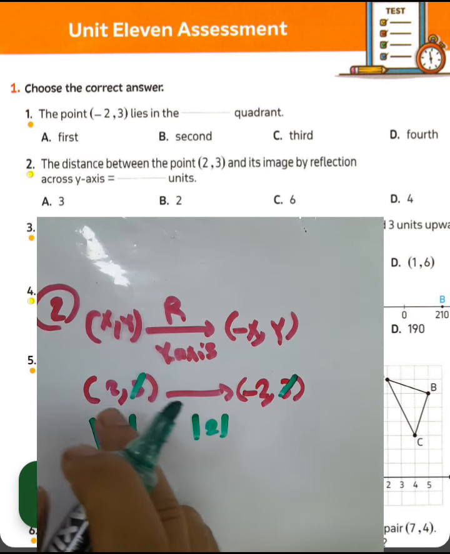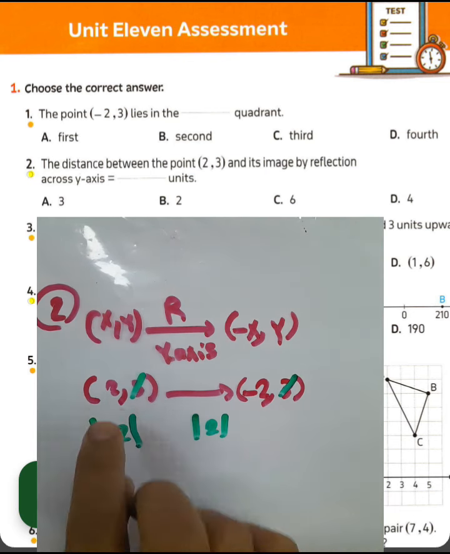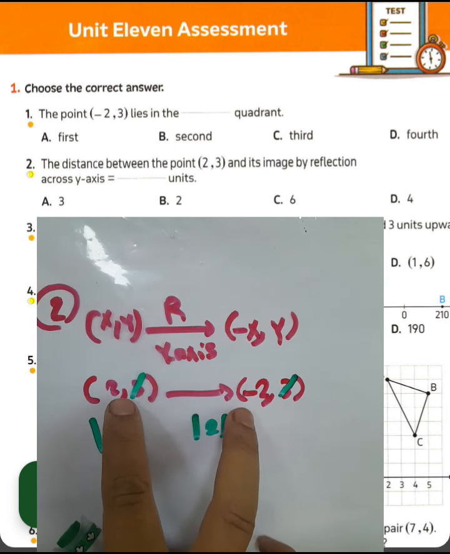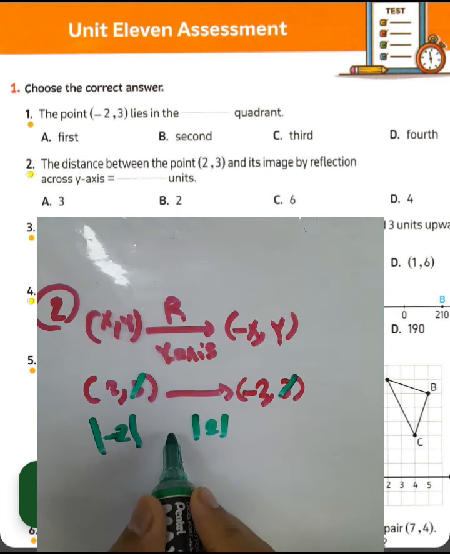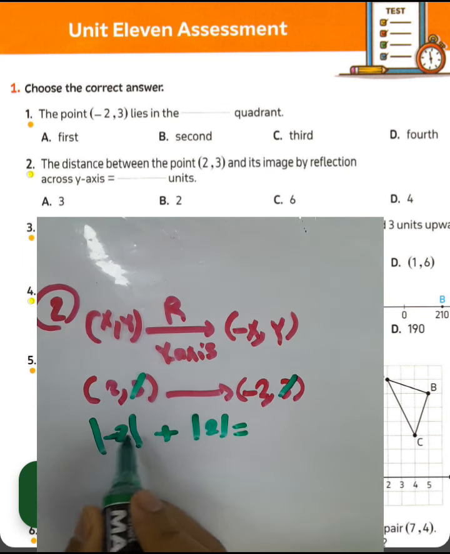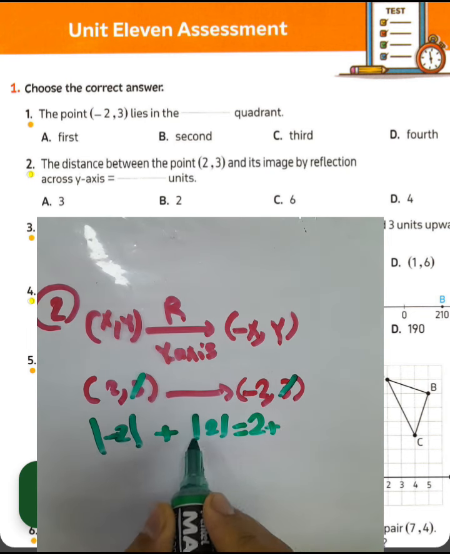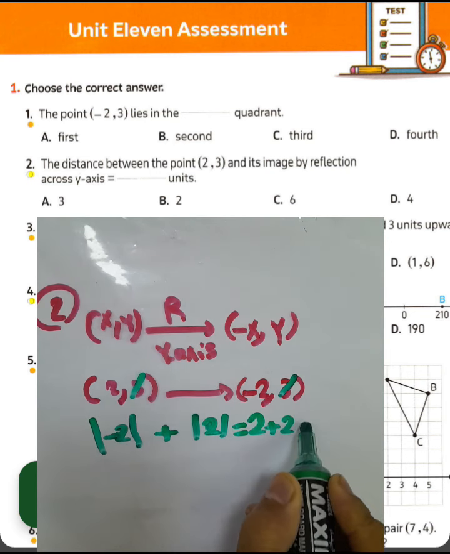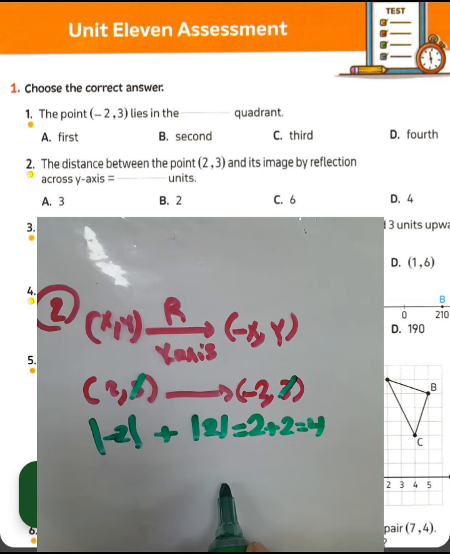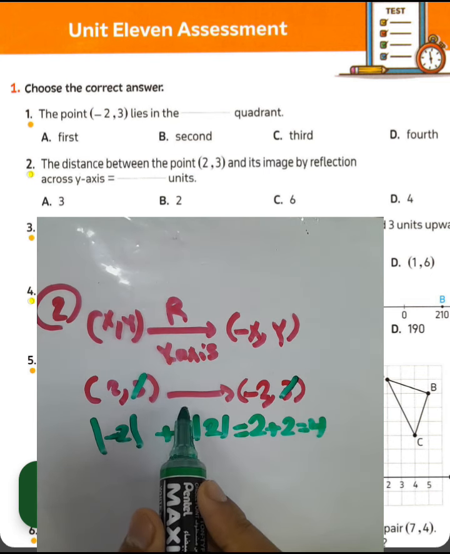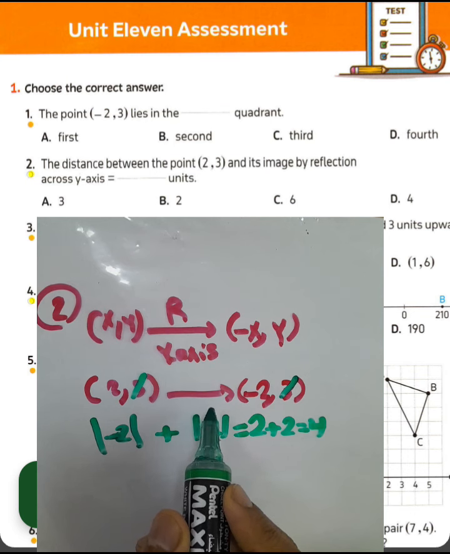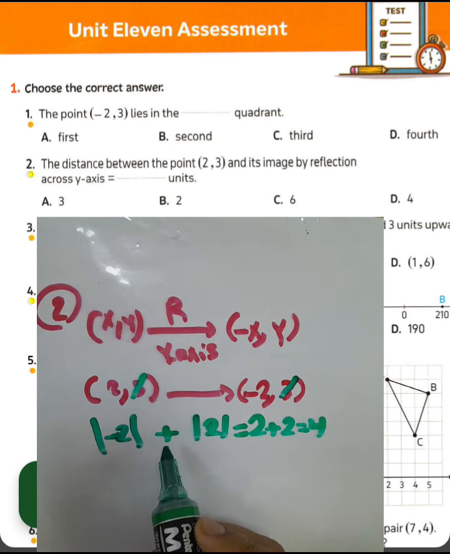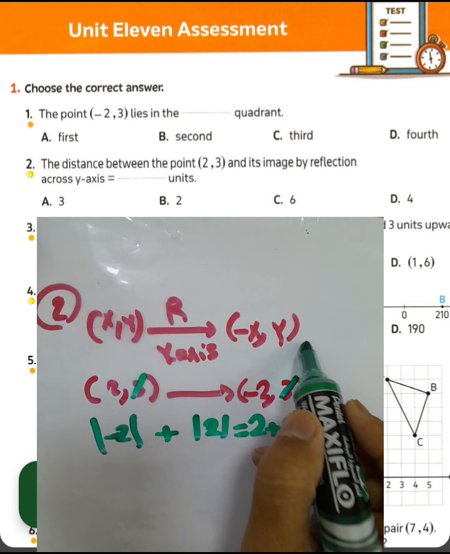One is negative and one is positive, different signs, so we must add. The absolute value of -2 is 2, and the absolute value of 2 is 2. The sum is 4. Then the distance between the point (2, 3) and its image by reflection across the y-axis is 4 units. Choose letter D.